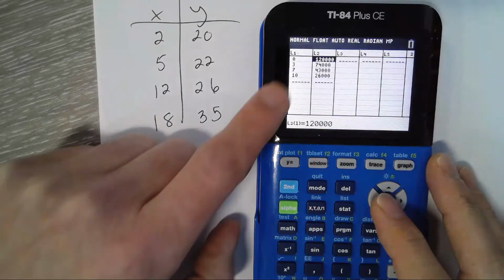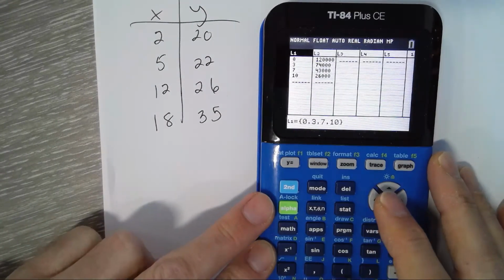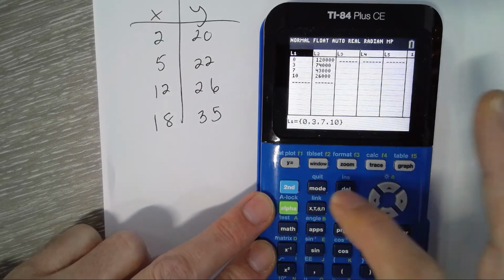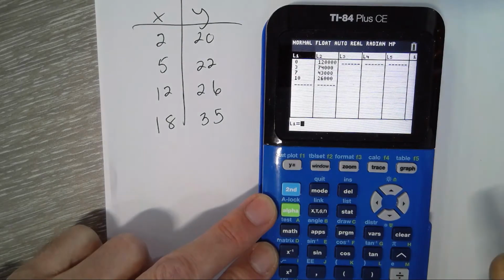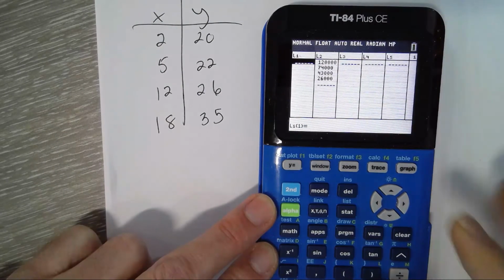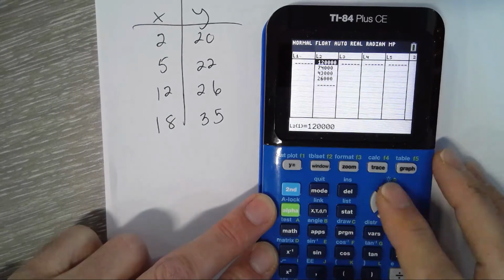Now I have lists already in there, so I'm going to arrow up, go to L1 up there. Don't hit delete, that'll wipe out the whole column. I'm just going to hit clear, enter. So clear enter makes them all disappear, but it keeps the L1 column there.